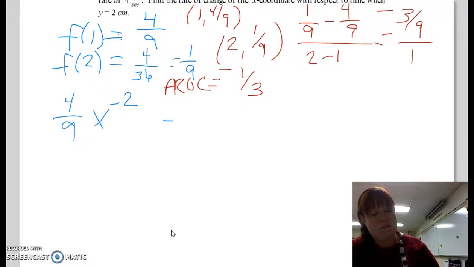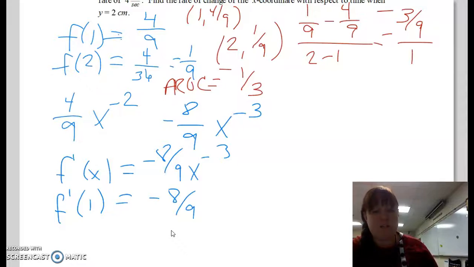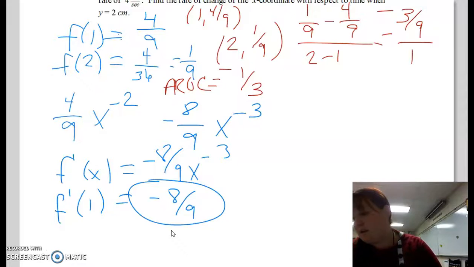So we have negative 8/9 times x to the negative 3. And then we are going to just plug in. So f prime of x is negative 8/9 x to the negative 3. And then f prime of 1 equals negative 8/9 times 1, which is just 1. So our instantaneous rate of change is negative 8/9. All right, we will stop there.